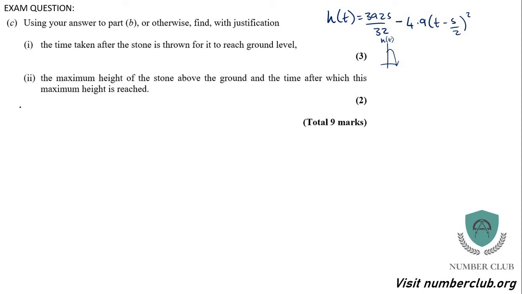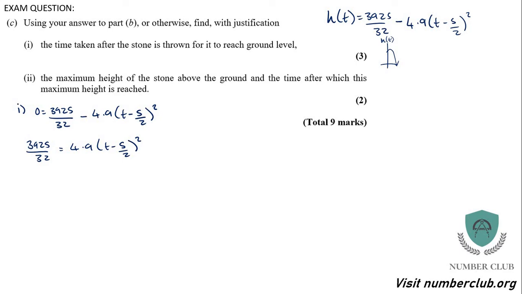So we'll have 0 is equal to 3925 over 32 minus 4.9 lots of t minus 5 over 2 all squared. We're going to move this over, so we'll get a negative 3925 over 32, cancel off the negatives, so we're going to get 3925 over 32 is equal to 4.9 lots of t minus 5 over 2 all squared.